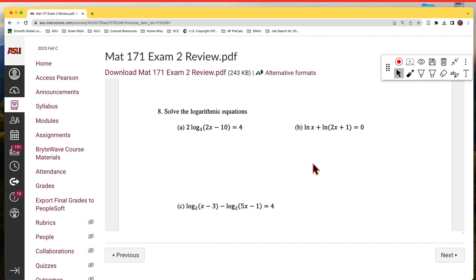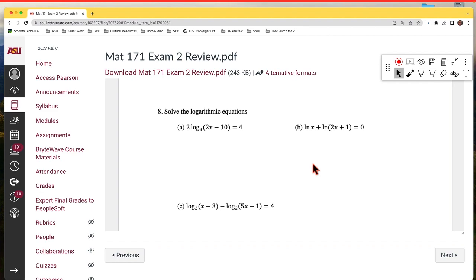These ones you're going to need to use properties of logarithms to get it down to one logarithm, and then you'll change them to exponentials to be able to solve them. So if we have exponentials, we change them to logarithms. That's the way we've been solving it. If we have logarithms, we use our properties, get it down to a single logarithm, and then use exponentials.